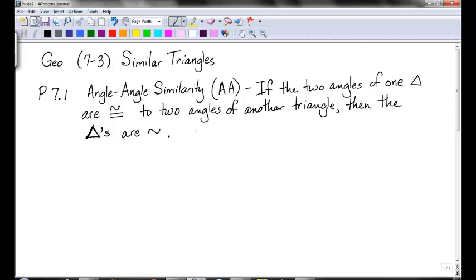If two angles of one triangle are congruent, that means they're the same size, to two angles of another triangle, then the triangles are similar.